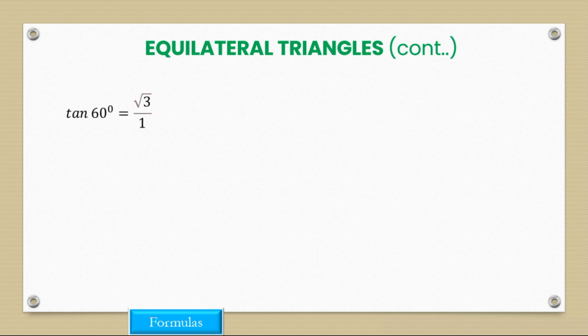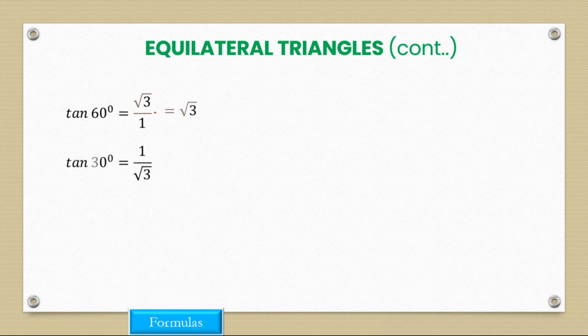As you continue through that, you can also see that tan 60 is the same as root 3 over 1. Remember, we get tan by doing opposite over adjacent. So the opposite of the 60 was root 3, and its adjacent was 1. That's why we have root 3 over 1, which ends up being root 3. So tan 60 is equal to root 3.